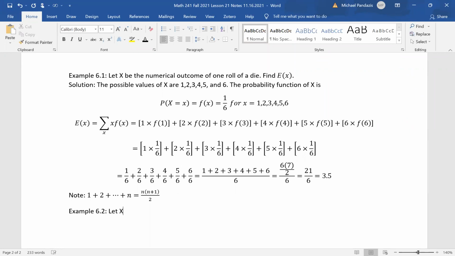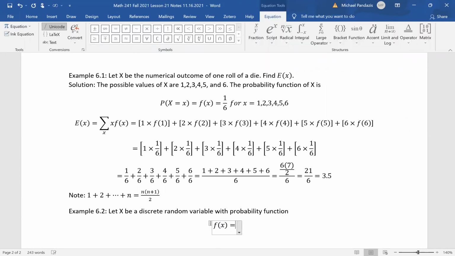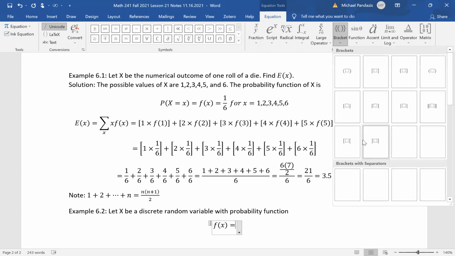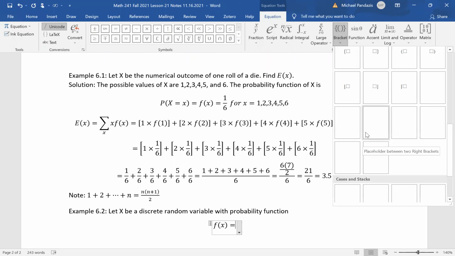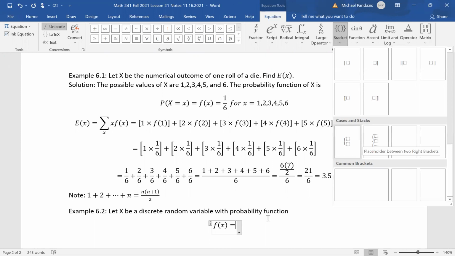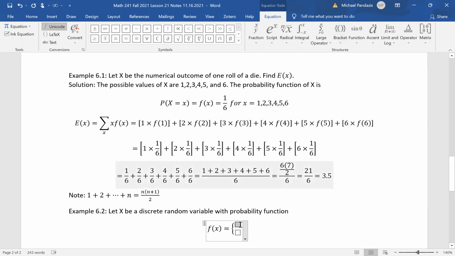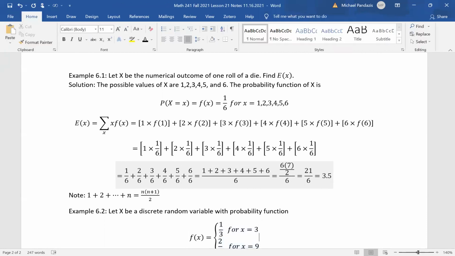Example 6.2. Let capital X be a discrete random variable with probability function f of x, which is equal to 1/3 for x equals 3, and 2/3 for x equals 9.